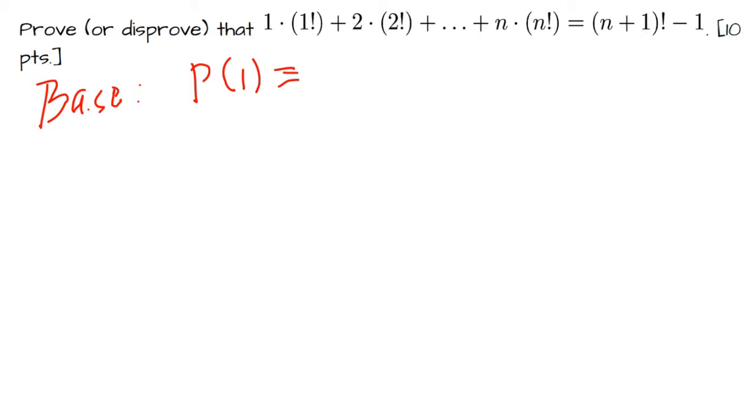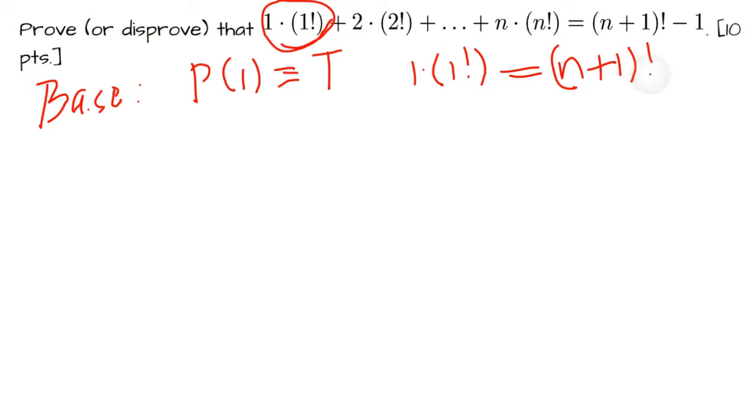should be true, and that is this first element here. 1 factorial equals (n plus 1) factorial minus 1, where n is equal to 1.